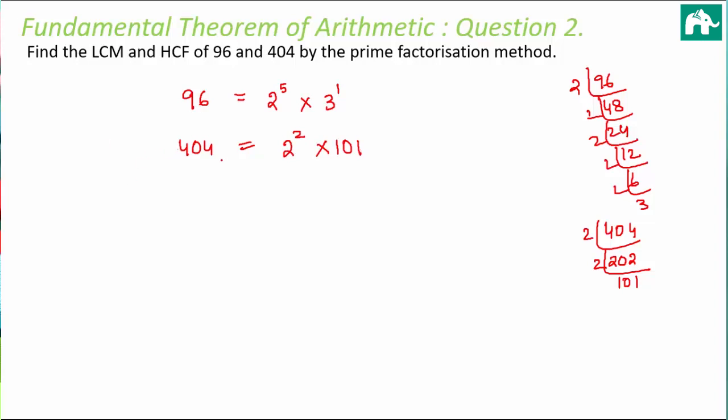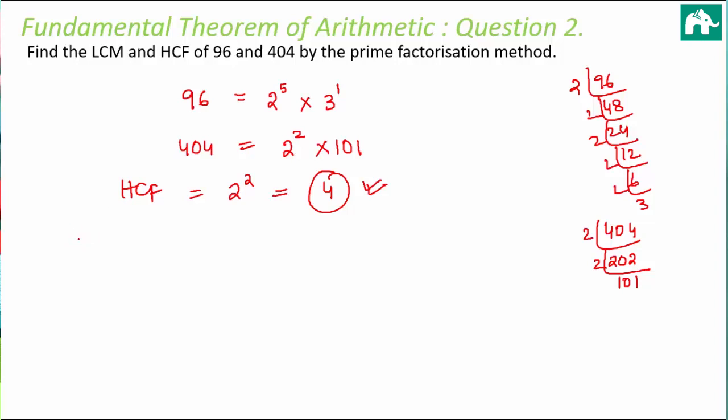Now highest common factor, which is the highest common factor? So common factor is 2, but not just 2, right? Here we have 2 to the power 5, here we have 2 to the power 2. So which is common in both? 2 to the power 2 is common in both. Therefore highest common factor will be 2 to the power 2, that is 4. What about LCM, least common multiple?